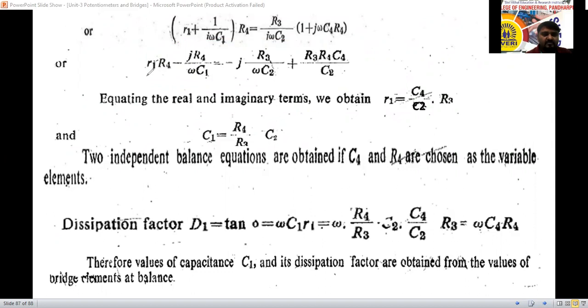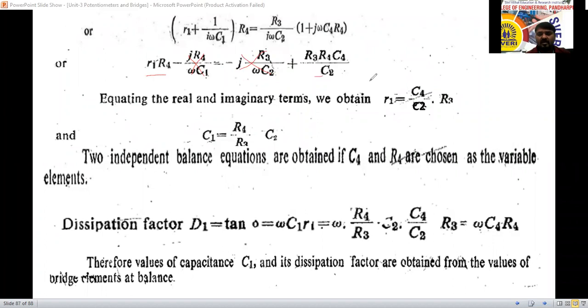Real. This one? Imaginary. This one, real or imaginary? Is there any j term here? No, there is not, so that is the real term.